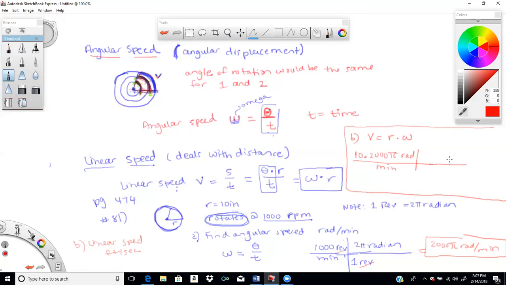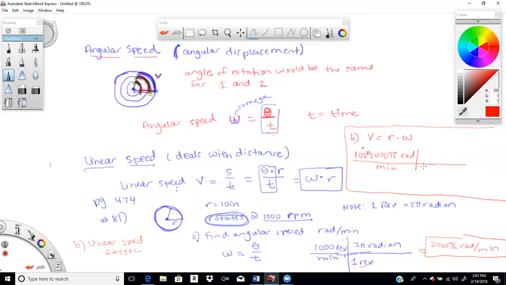Now we can put in the pi radian. But let's look at the minutes. Minutes can be converted to seconds, right? And this is inches, 10 inches. We have to convert the inches to feet. What's the relationship between inches and feet?